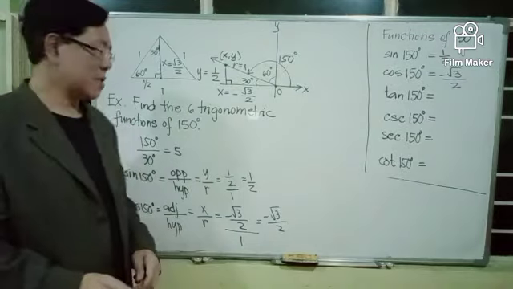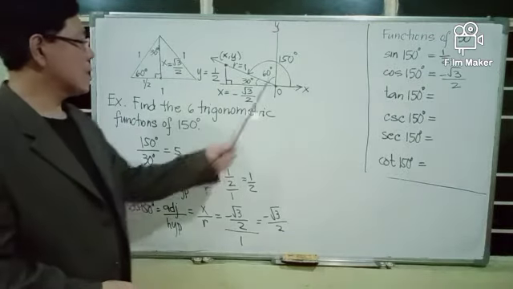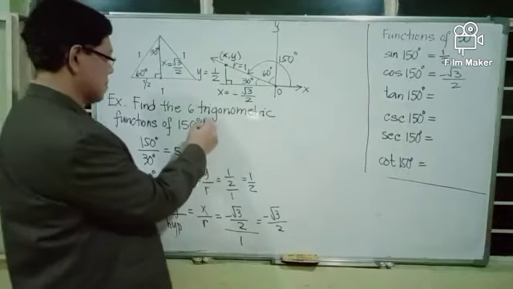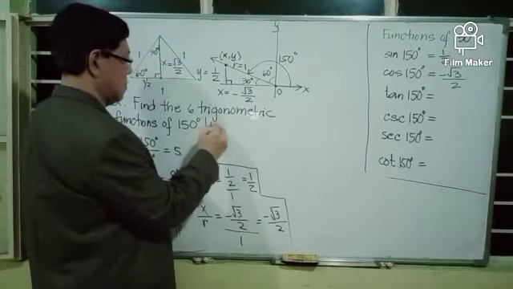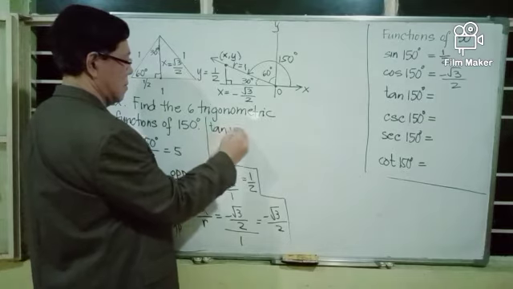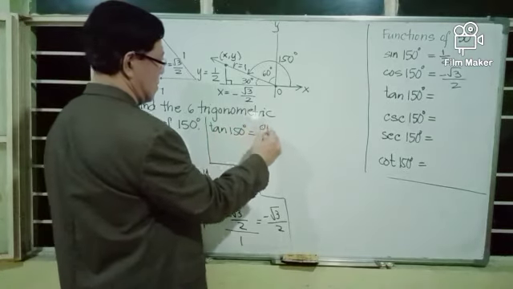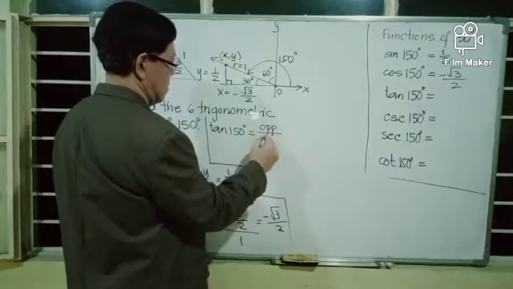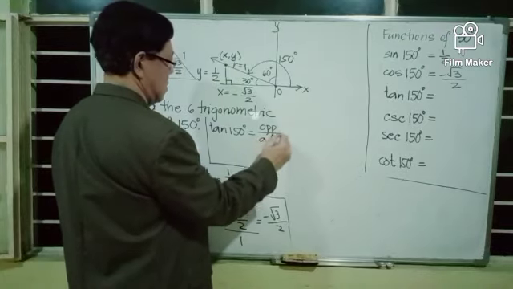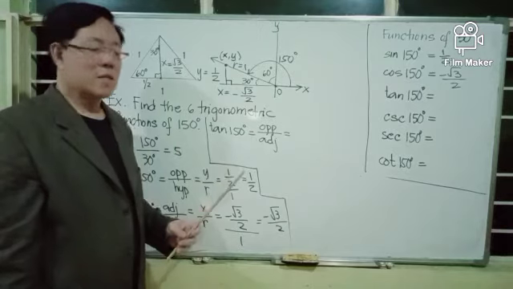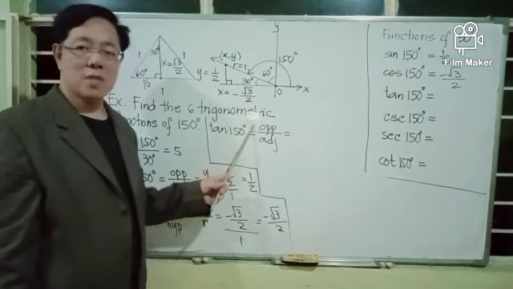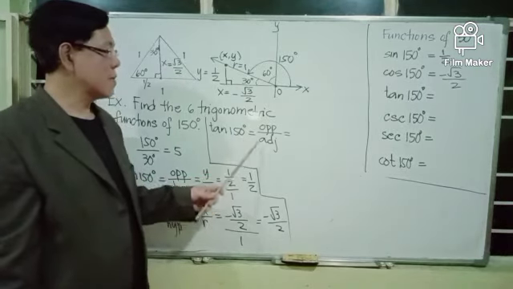Now, the tangent of 150 degrees. The tangent of an angle is defined as the ratio of the opposite side and the adjacent side.